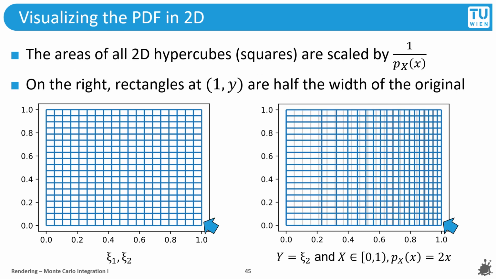And we can see that if we do that, the areas of all 2D hypercubes are scaled by a factor of 1 over p_x of x. Note that after the transformation, the rectangles on the very right are approximately half as wide as the original ones because there x equals 1 and we have a scaling factor of 1 over 2 as compared to the original size.